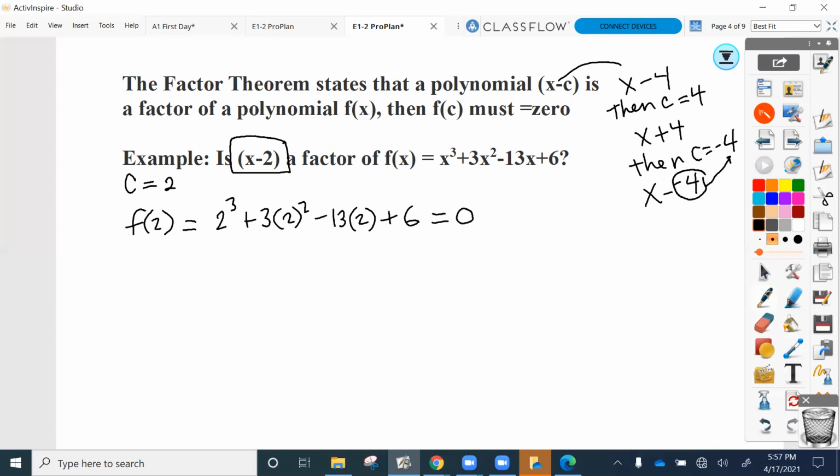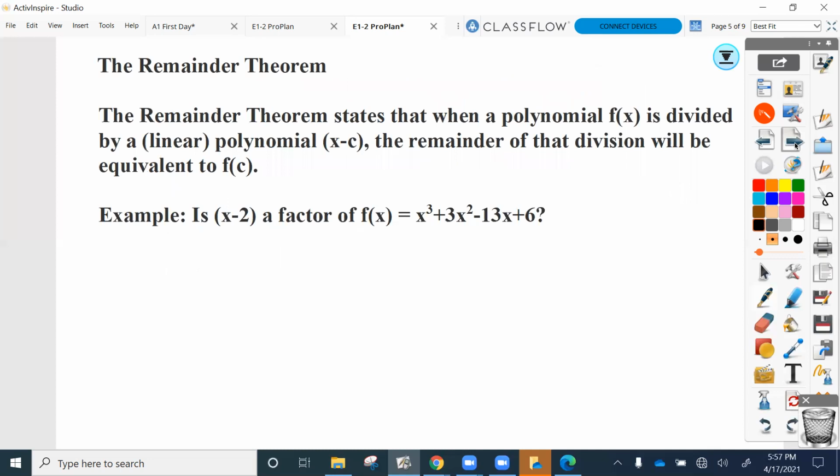So we can say yes. And the reason is because f of c, which is the same thing in this case of f of 2, is equal to 0. So when you put 2 in, you get 0 out. Okay.